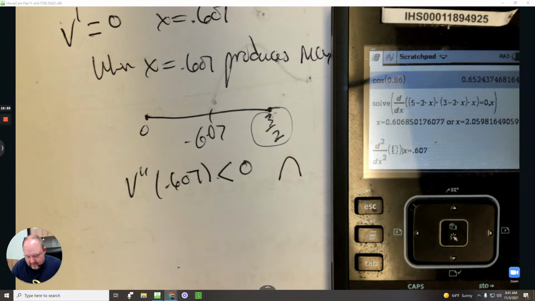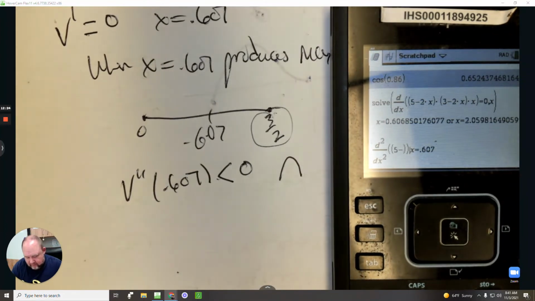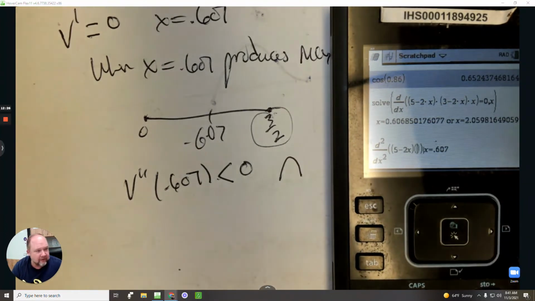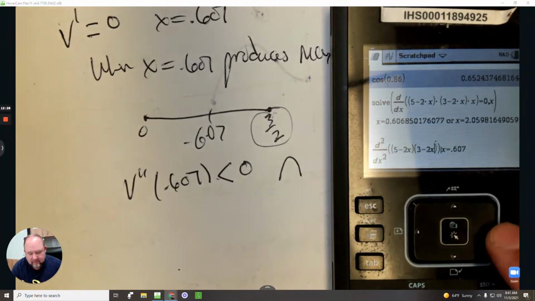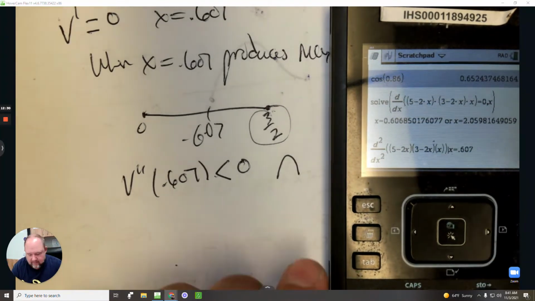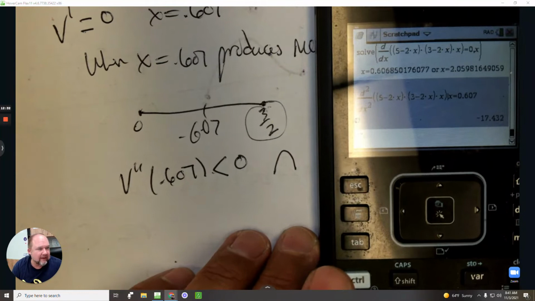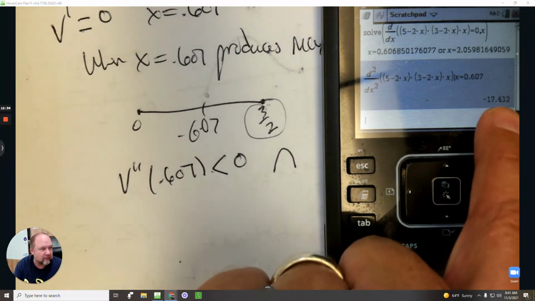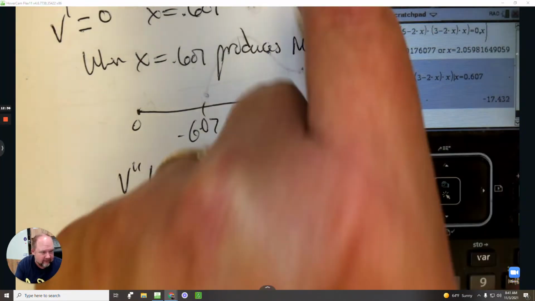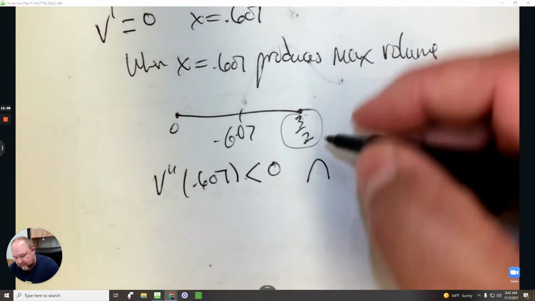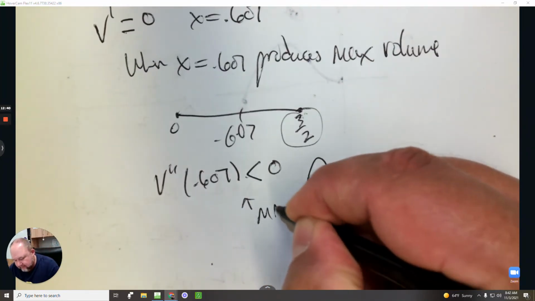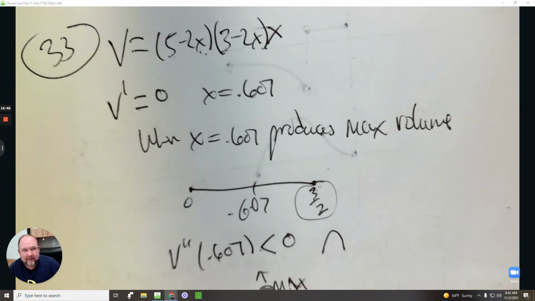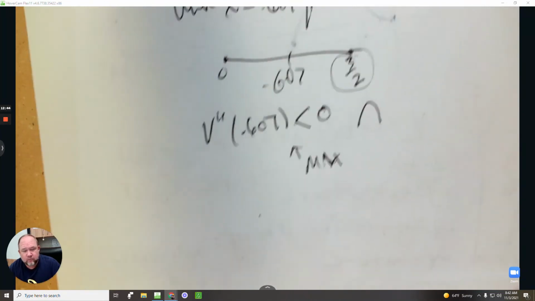And then I type it in again. So 5 subtract 2x, 3 subtract 2x, and x. And then recognize that when you do the second derivative, it's negative. It's concave down there. So that's another way to show that this is a maximum value. And that might be quicker than doing a number line, but it's good to have that skill.